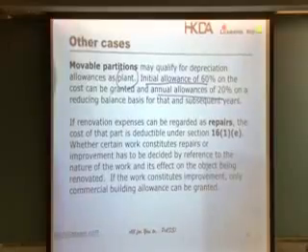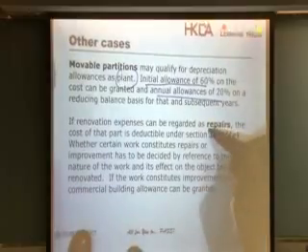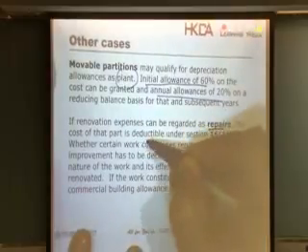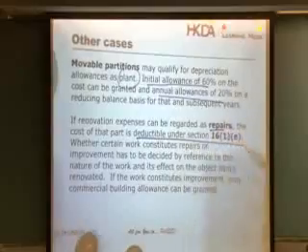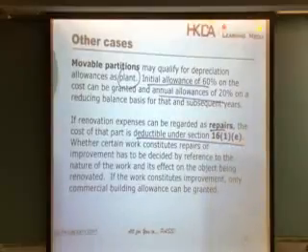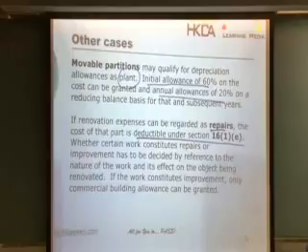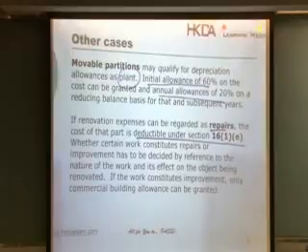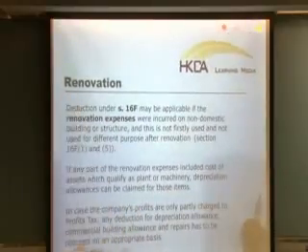And then sometimes you are repairing the fixed assets. Then you can claim deduction, 100%. You are not bringing fixed assets to the company. You can claim repair and maintenance at 100% deduction. And then what we have discussed just now, renovation.